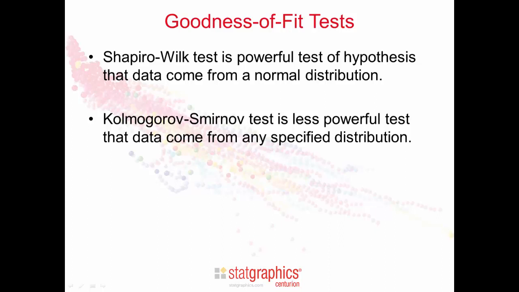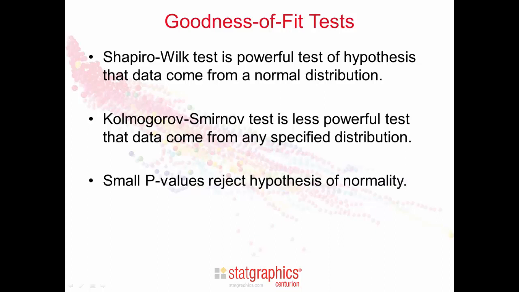Modifications also exist that make that test more powerful than it used to be. For both of the tests, small p-values, typically p-values less than 0.05, will cause us to reject the hypothesis that the data come from a normal distribution.